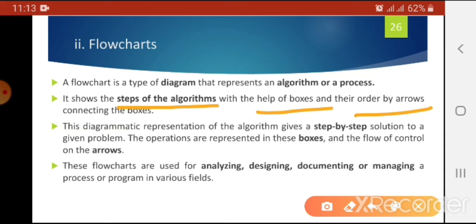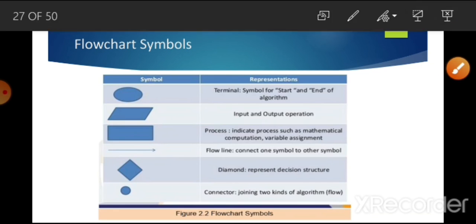So we can say that it is the diagrammatic representation of an algorithm that gives a step-by-step solution. The flowcharts are helpful for analyzing, designing, documenting or managing the complete process. For example, here are the symbols used for making the flowchart.